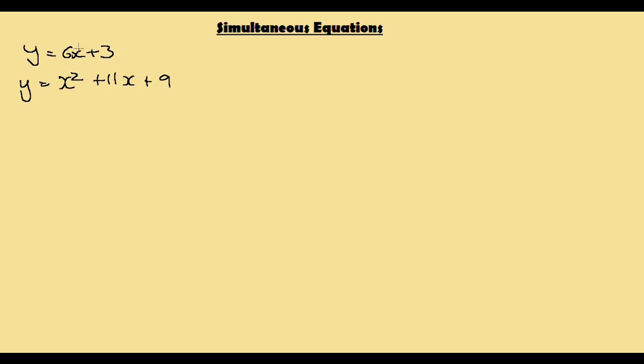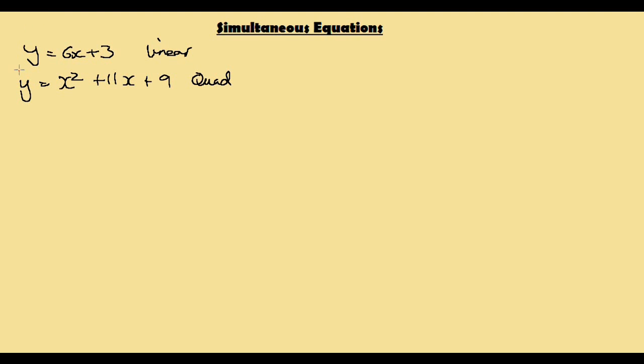So something like this. We've got a linear equation here and a quadratic equation here, which is very different, because when we take away or substitute one equation into the other, we end up with a quadratic equation, not a linear equation. But it doesn't make loads and loads of difference.